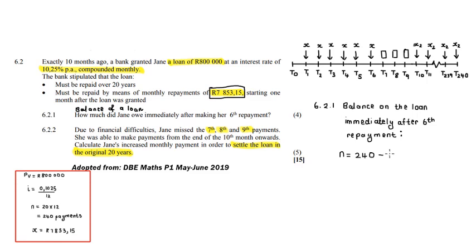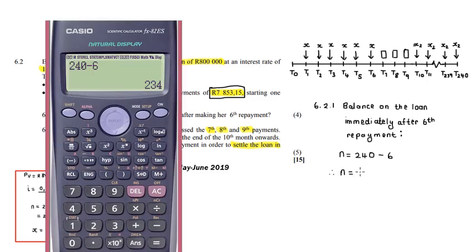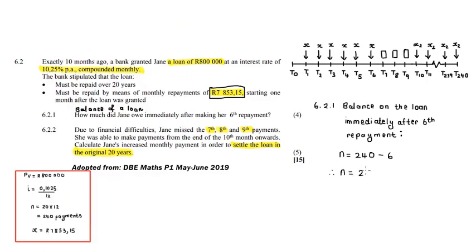She's already made 6 payments, so we have 234 remaining payments. Now we use this N value and substitute it into our present value formula.